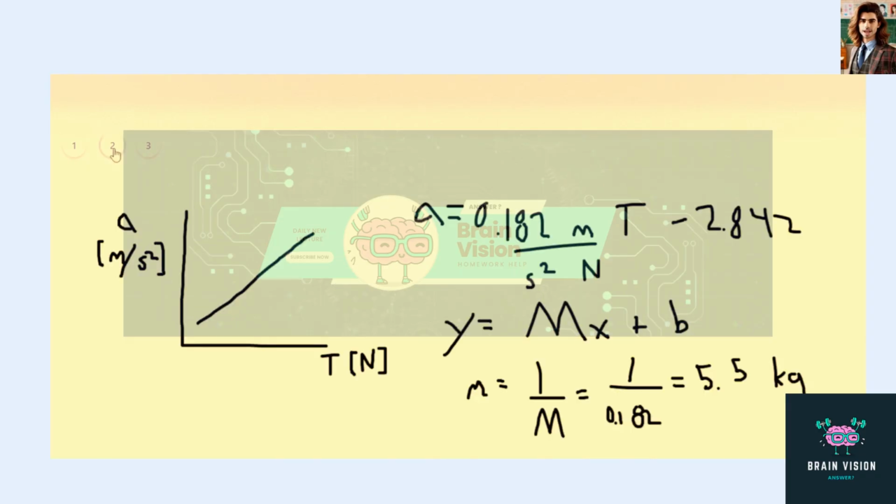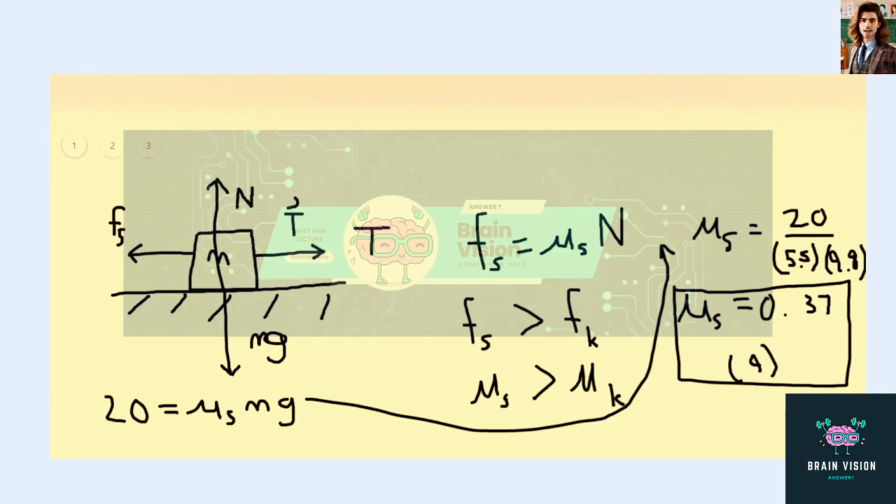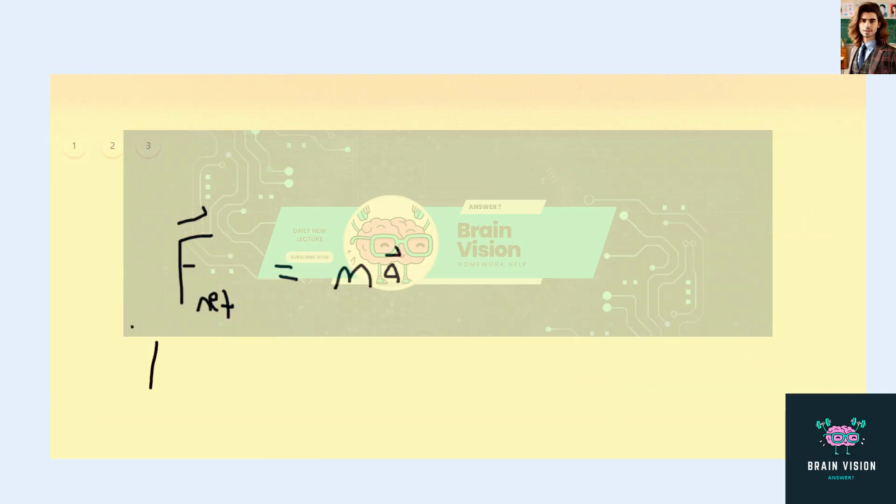So the net force when the block begins moving is T minus the kinetic force of friction, right? It opposes the motion. The motion is in the direction of the tension, equals ma.